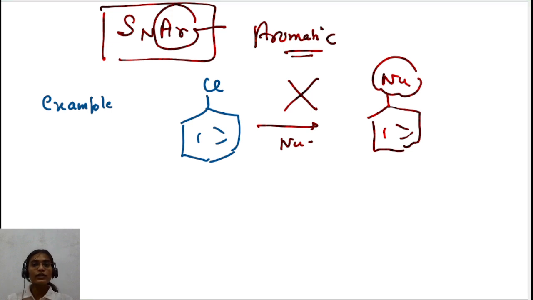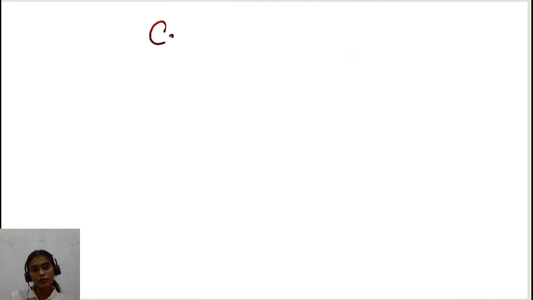The reason is very simple: because of the partial double bond character, the chlorine lone pair is involved here, and this is an sp2 hybridized carbon, so it is difficult to break. Then how is the substitution reaction going to follow? Let's discuss the conditions for the substitution.